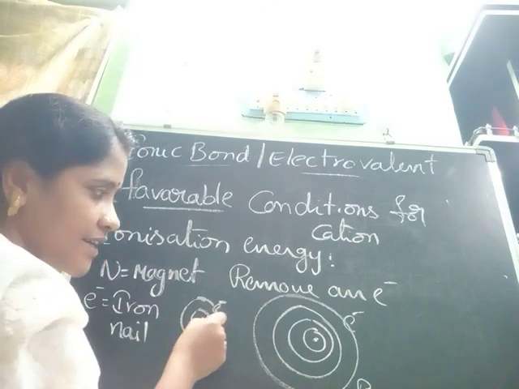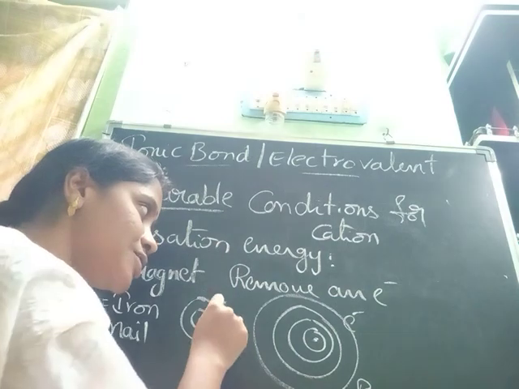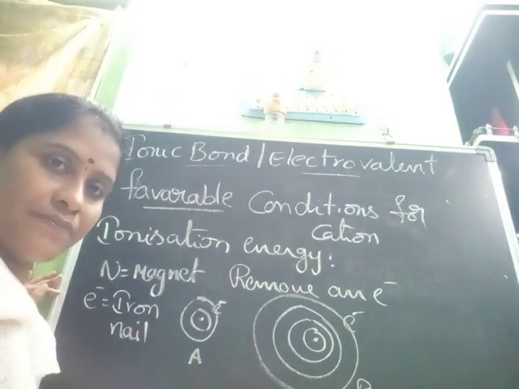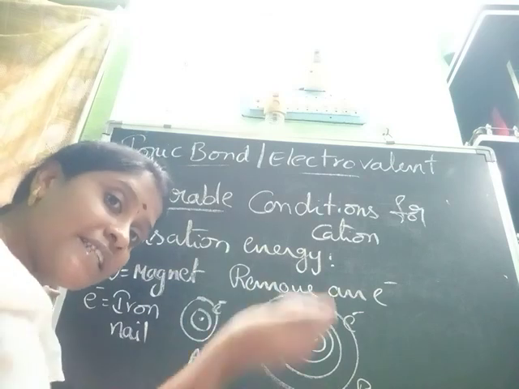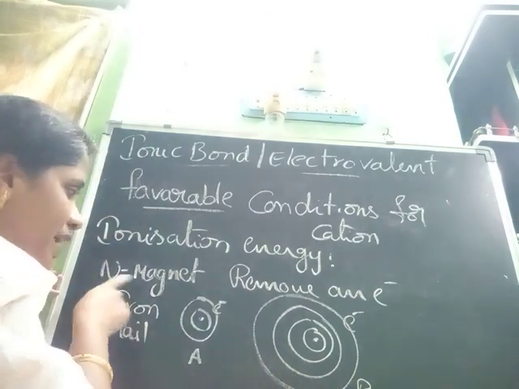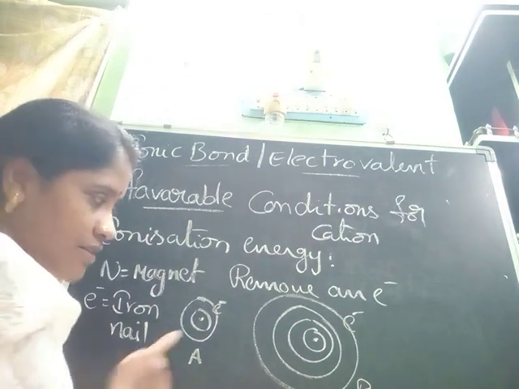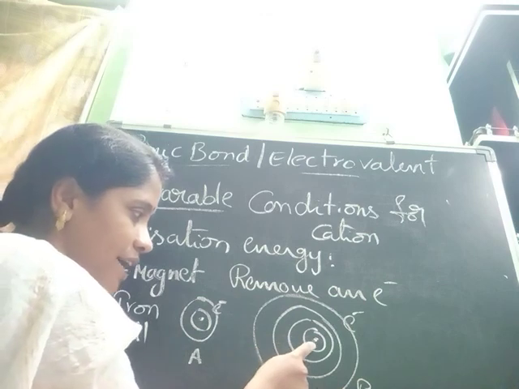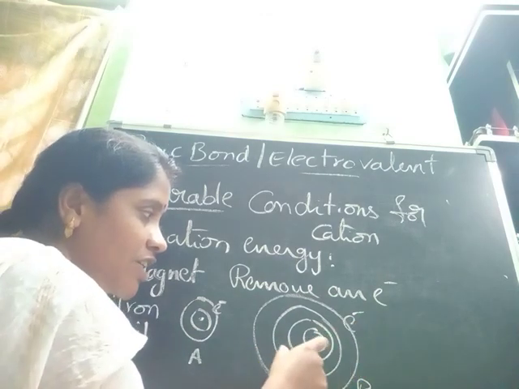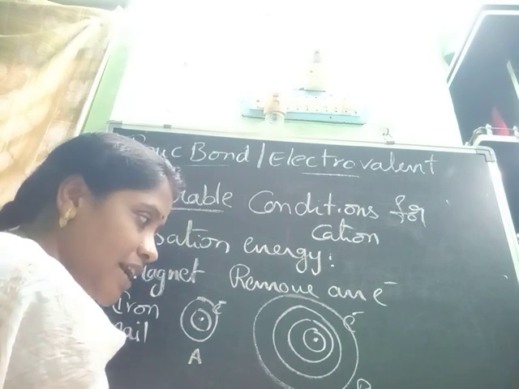This is attracting and this is also attracting. Where do we need more energy to drag that iron nail? Tell me, here or here? I said compare this nucleus as a magnet and the electron as an iron nail. Where do we need more energy to remove that iron nail? In A and B?